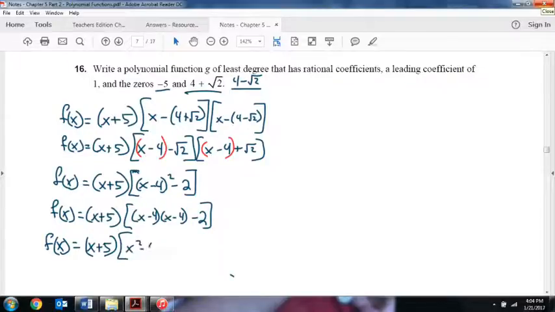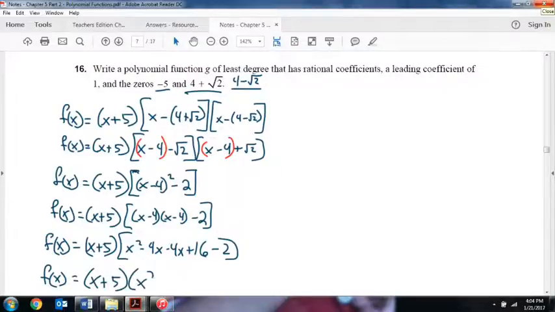So that's x squared minus 4x plus 16 minus 2. Feel free to pause it if any of those numbers are messing with you at all. And then we'll combine those. F of x equals x plus 5, x squared minus 8x plus 14.